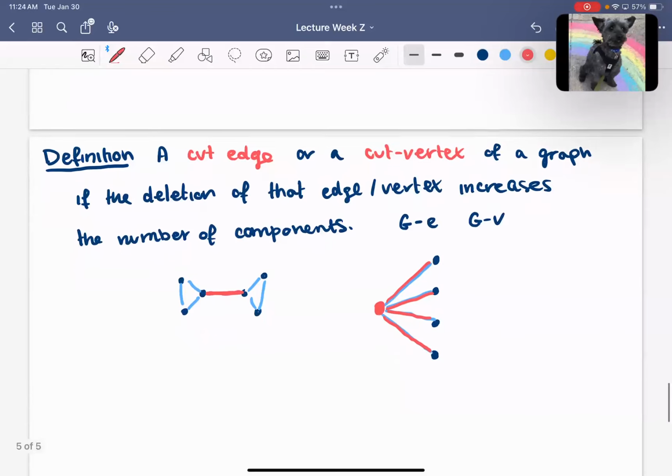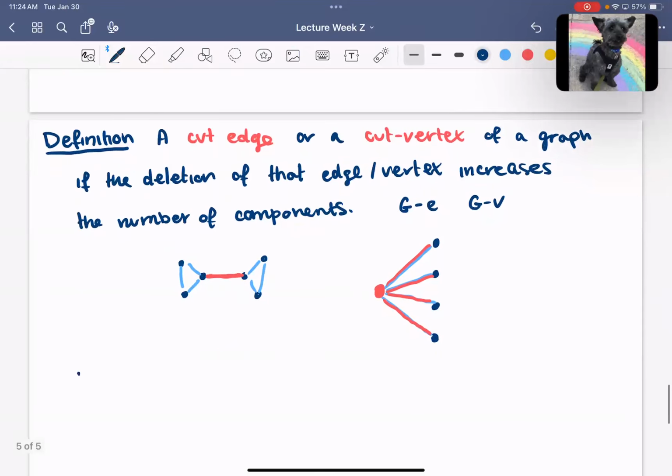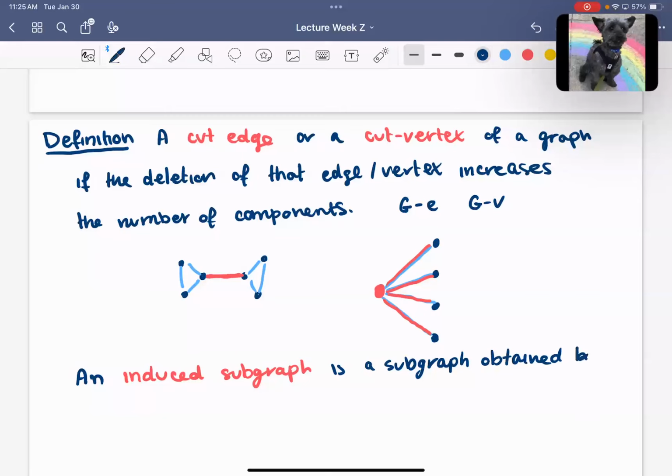Okay, and then another thing is an induced subgraph. This is a subgraph obtained by deleting a set of vertices. And this is how you would write it.